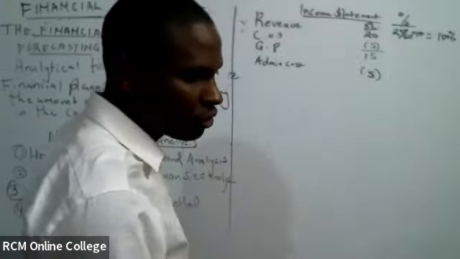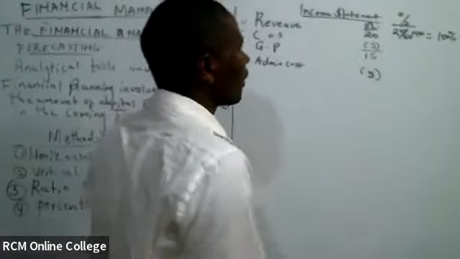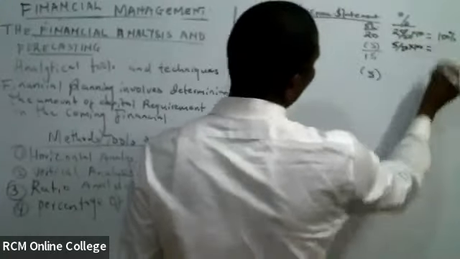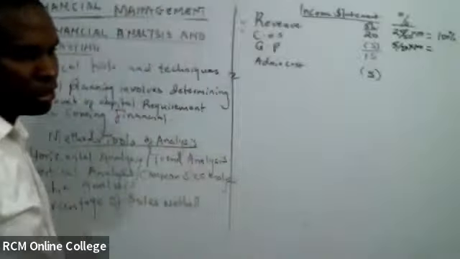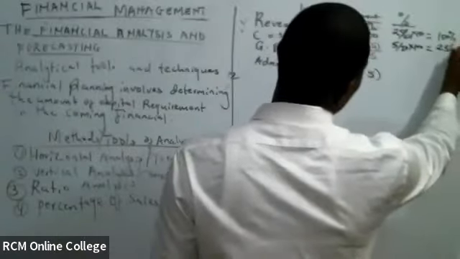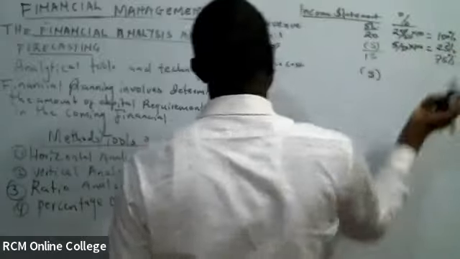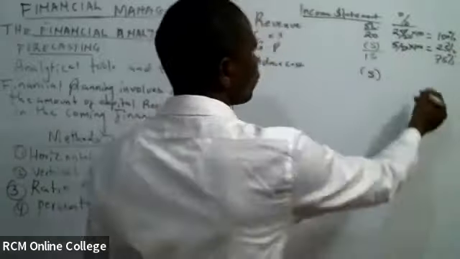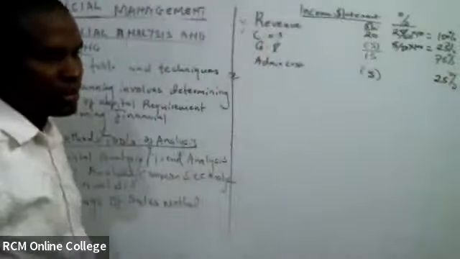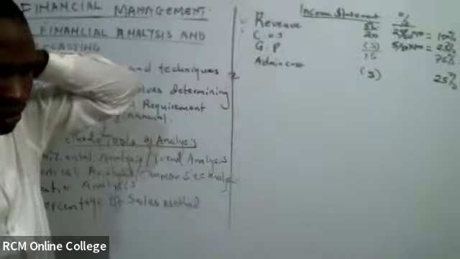For example, in the horizontal method, where we're looking at the trend, it can even go to 500%. For the cost of sale it will be 5 over 20 times 100. How much is the percentage of our cost of sale? 25%. So that means this will be 75% because there is a direct relationship between the three, and then this will be 25%. So we're just expressing these items as a percentage of this. Simply, that is how you do that.